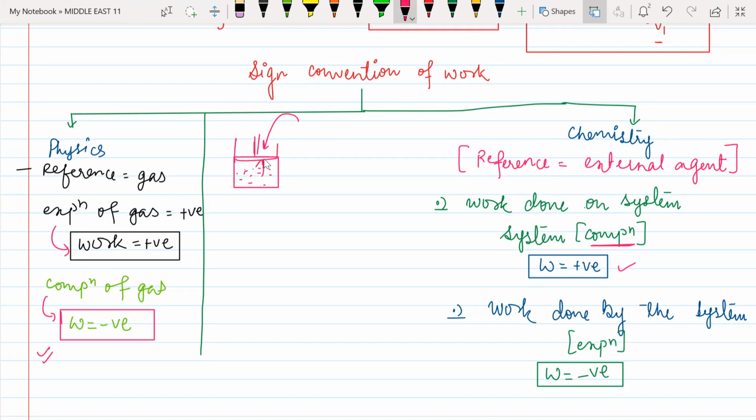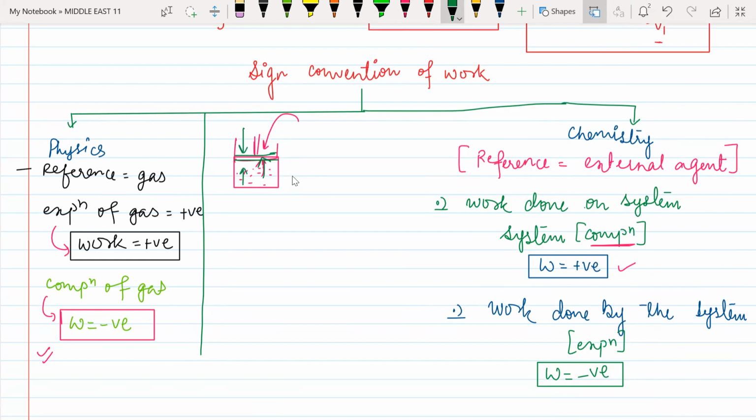Are you getting it or not? A little bit. Just see, which factor will be responsible for the compression of the gas, external or internal?